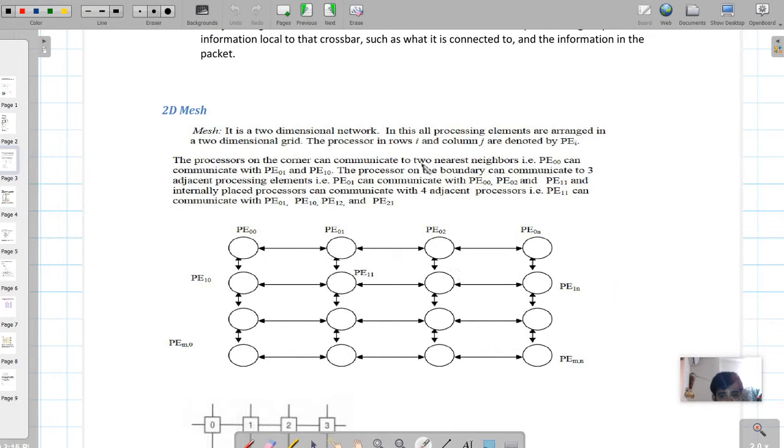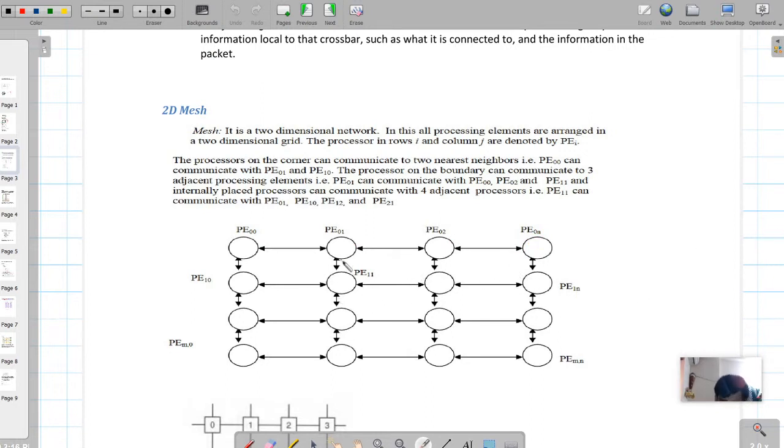The processor in row i and column j is denoted by Pij. As for example, this is your processor 00, this is processor 01, processor 02, processor 0n, and so on.